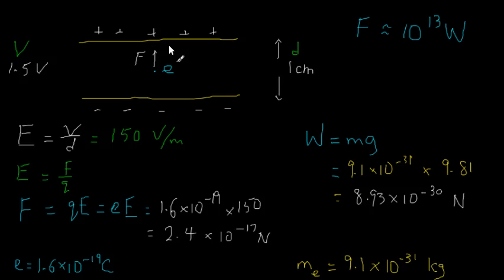So in such a calculation, I can safely ignore the weight of the electron, because as we have seen, the electrical force is so much bigger than the weight of the electron that we can just ignore the effects of the weight.